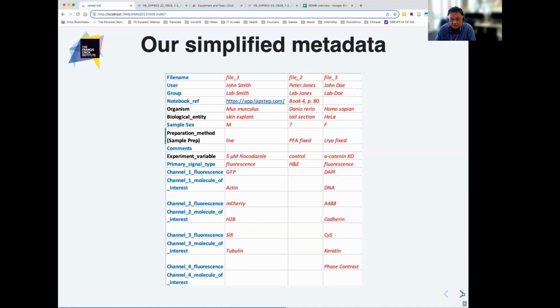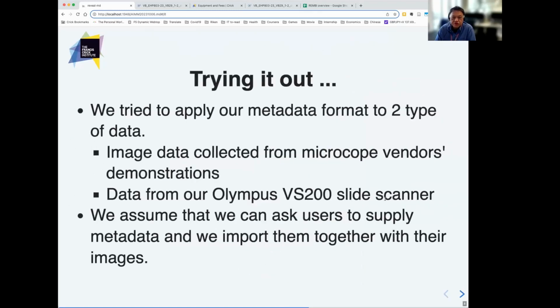However, we tried it out on two different types of data that we actually collect. One is that because we are located in central London and we buy a lot of equipment too, the microscope vendors do a lot of demonstrations of their latest tech at our facilities.